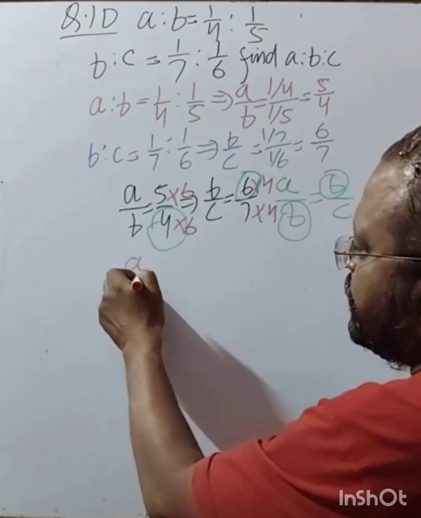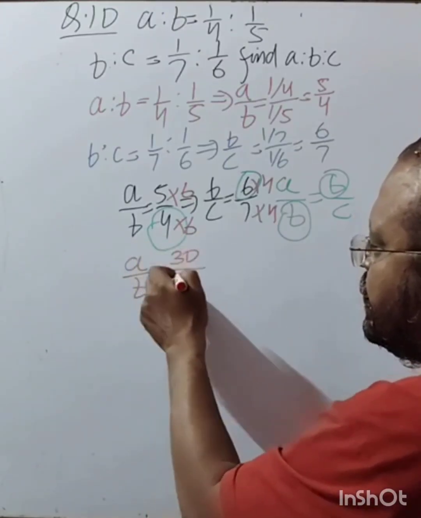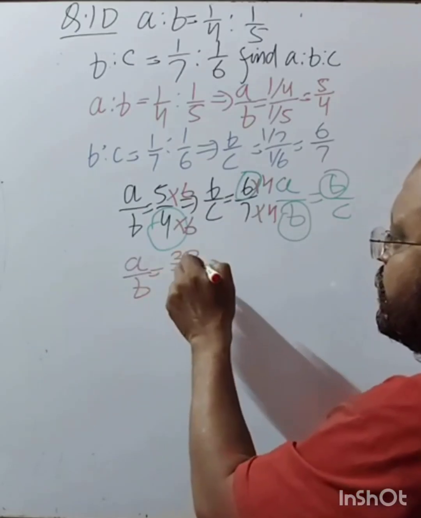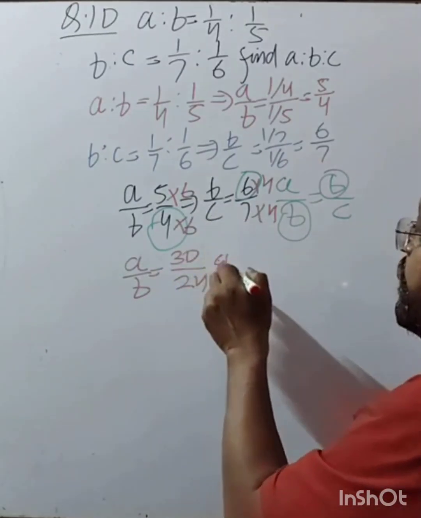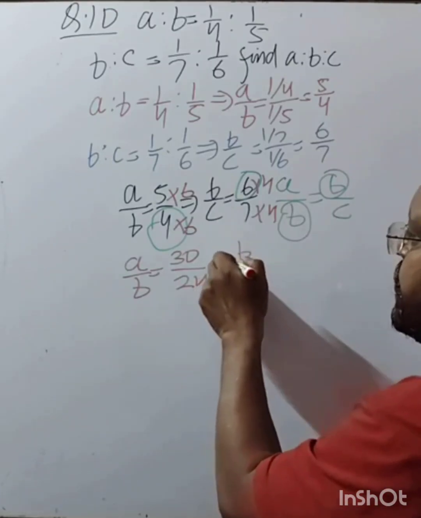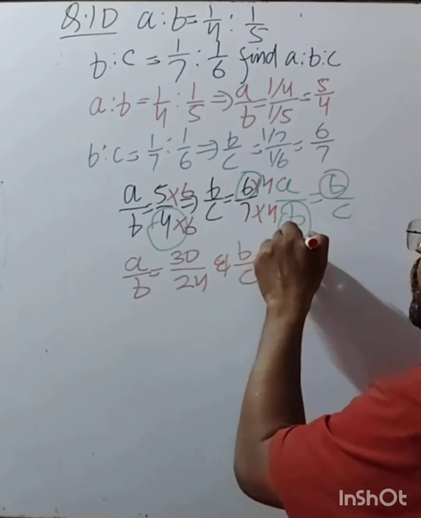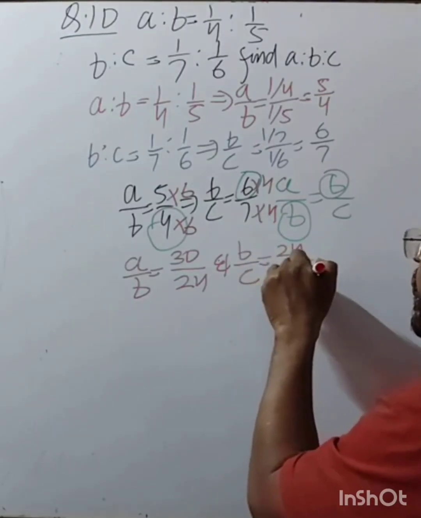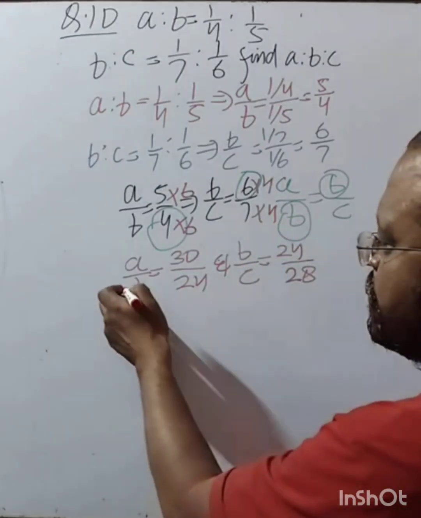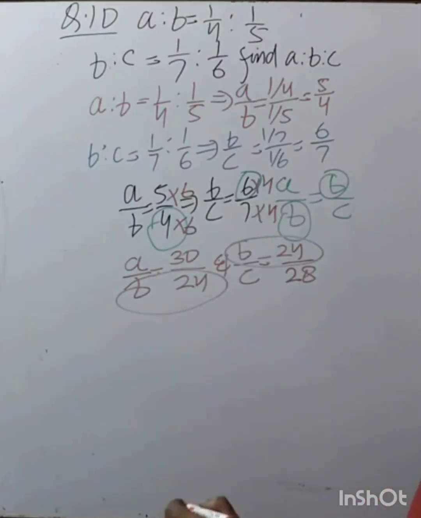A upon B is equal to 30 upon 24, right? And B upon C is equal to 24 upon 28. So now these two are the same, right?